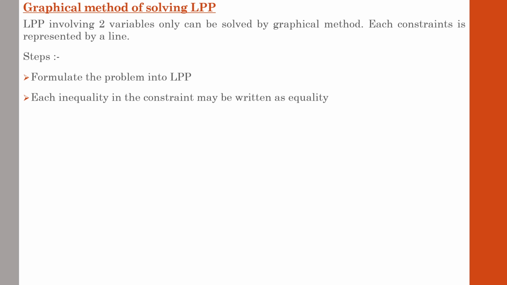We haven't learned about a linear equation where they use a less than or equal to or a greater than or equal to. In the question they will give it like that. So for using a graphical method to solve an LPP, whenever you come across a question where, instead of an equal sign, they are using less than or equal or greater than or equal, you need to replace that with a simple equal sign.